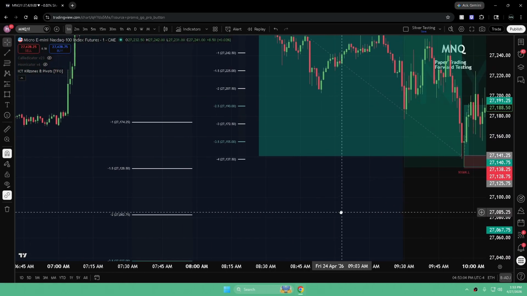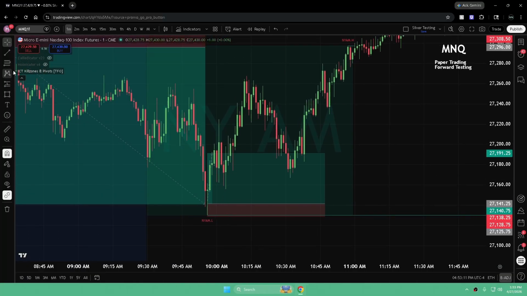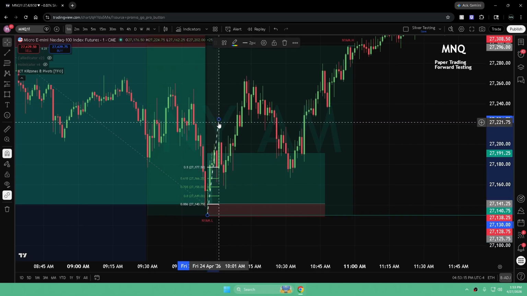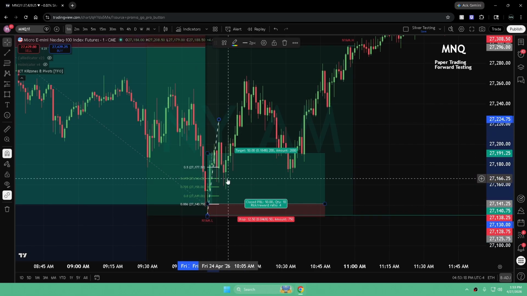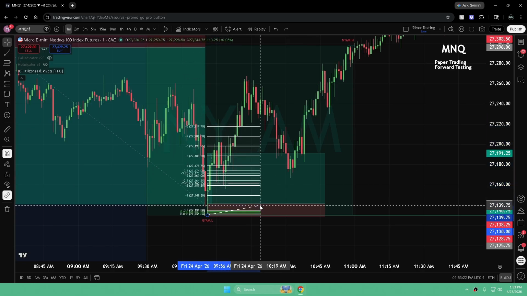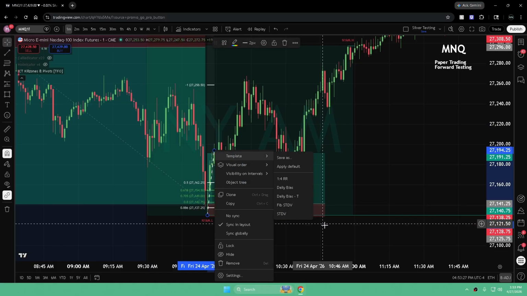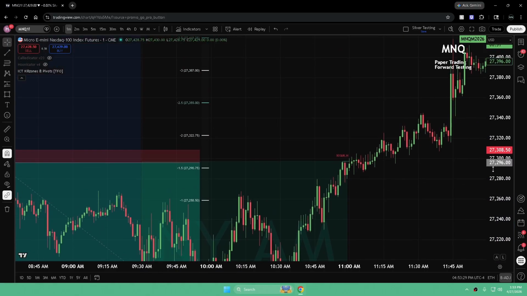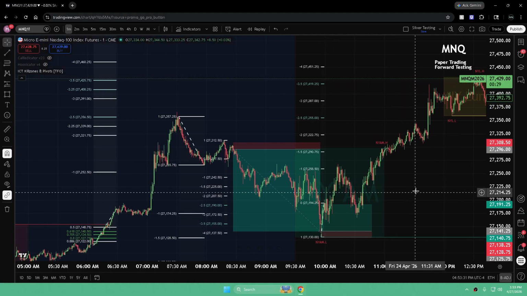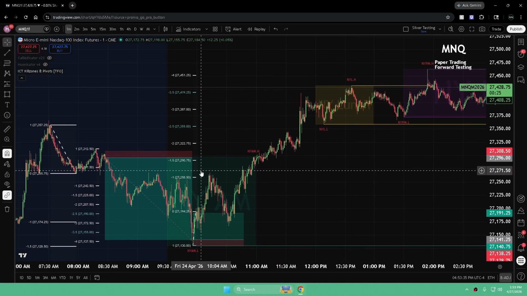Now, if you wait, we have more confirmation. You take this wick to this wick, and you could have got in longs here, right? If you bring it to this body right here, and you get your projections, you could go to your highest high, which is negative 4, and this is before 10 o'clock.